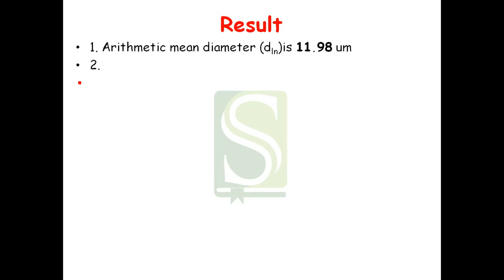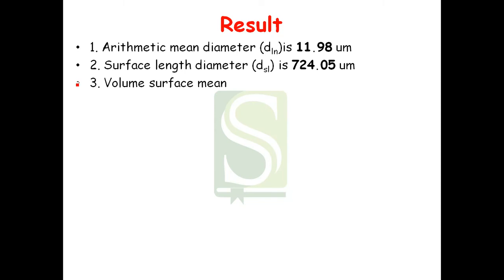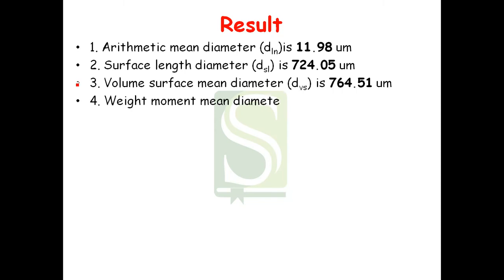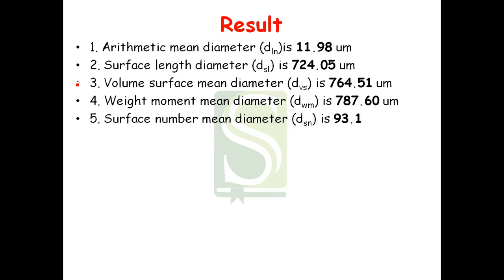So in the result, we are going to tell the arithmetic mean diameter was found to be 11.98 micrometers. The surface length diameter was found to be 724.05 micrometers. Volume surface mean diameter was found to be 764.51 micrometers. Wet moment mean diameter was found to be 787.60 micrometers.